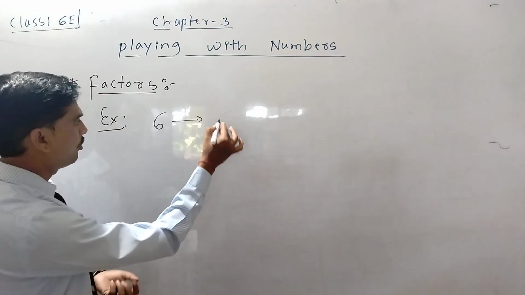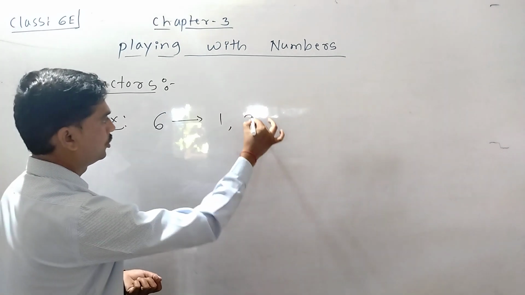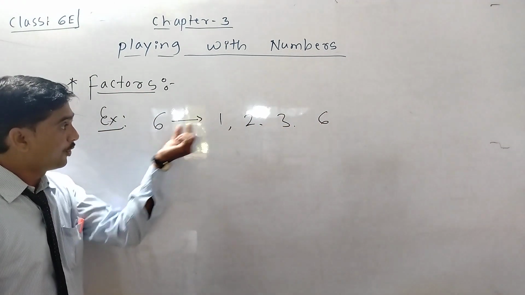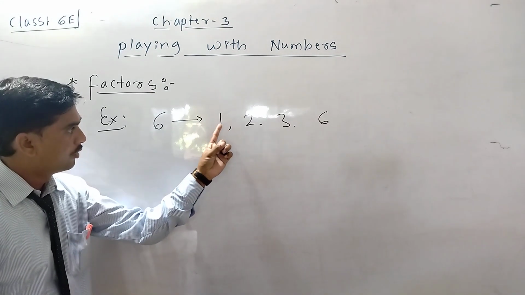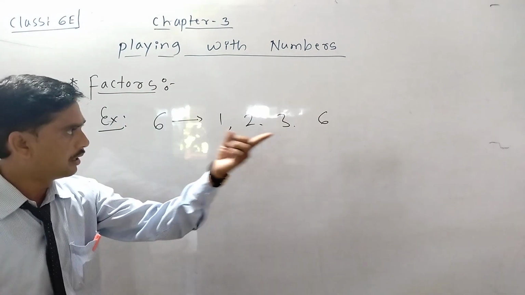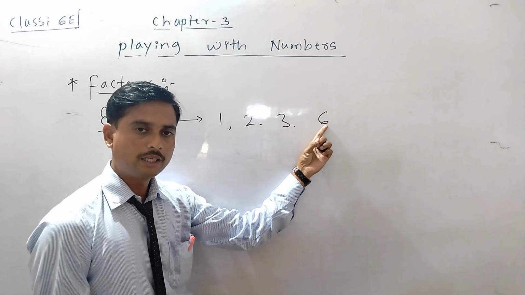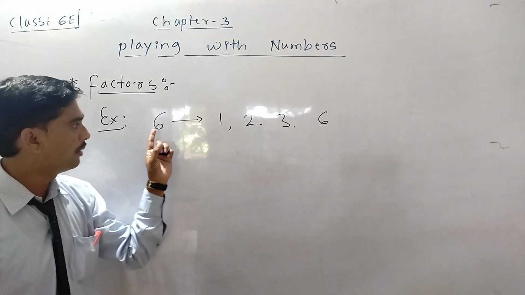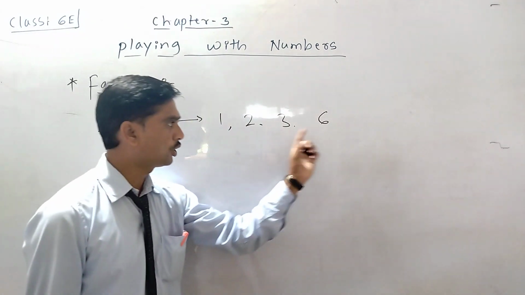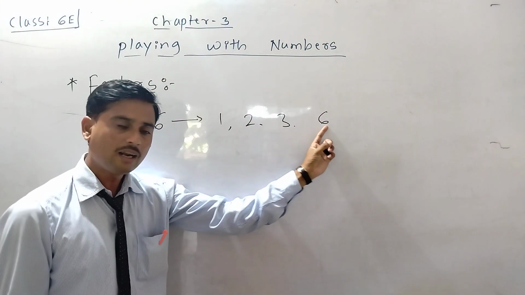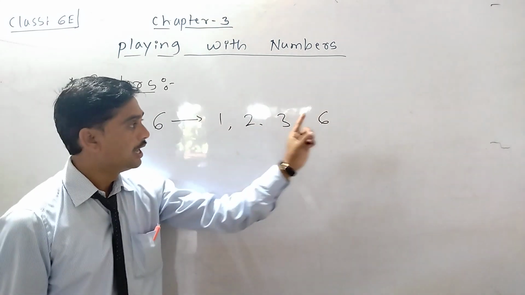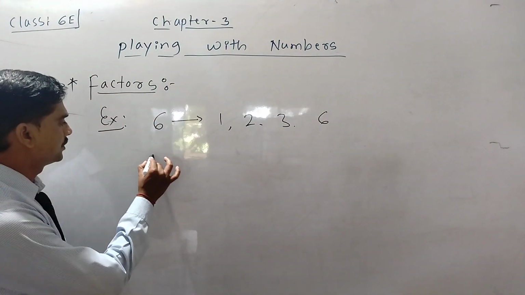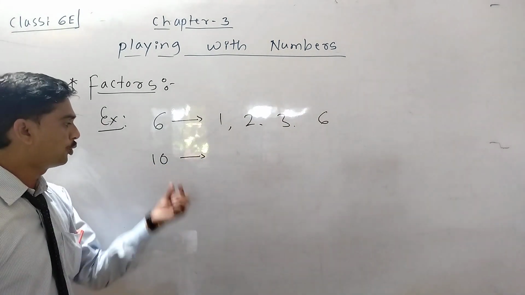Okay, 6 has 1, sir, 2, 3 and 6. Because 1 is the factor of every number and the given number is a factor of itself only. The factors of 6 are equal to 6 or less than 6 only. Above 6 is not there. Okay, then next one is 10. Find the factors of 10.